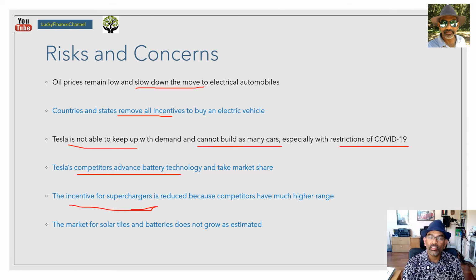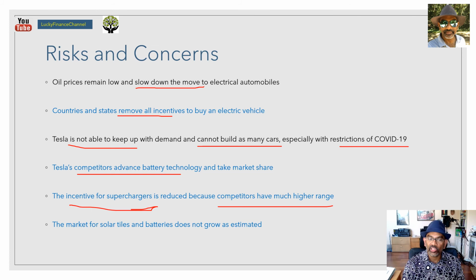And so it reduces the range anxiety. But if you have a competitor's battery that can give you 500 or 600 mile range, some of them are even working on 1,000-mile range, then you don't need to worry too much about supercharging, because the range anxiety is not that great.